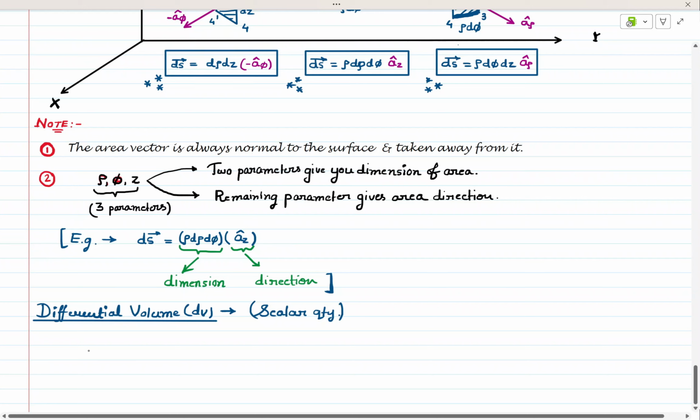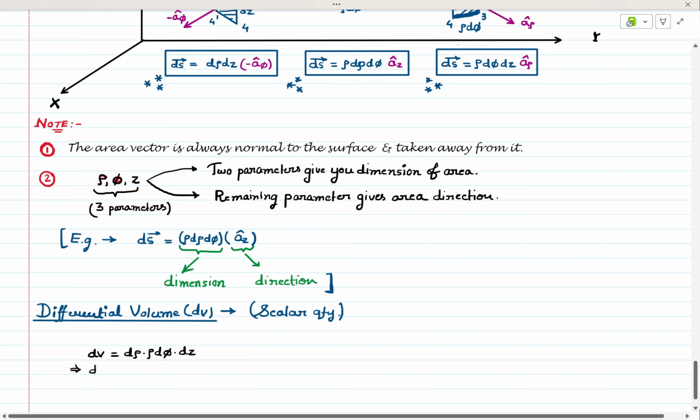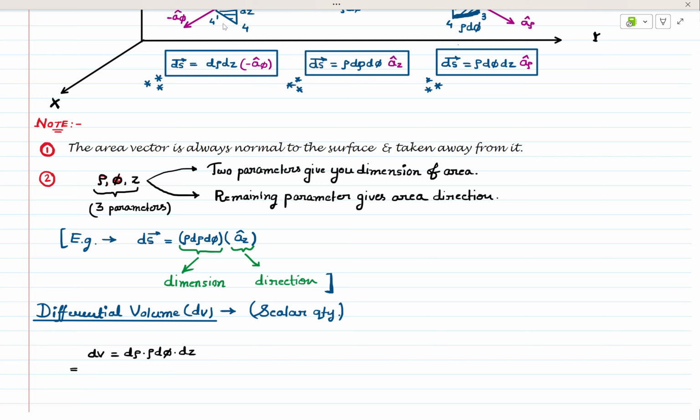So I can write it over here. That is, dV is nothing but d rho, that is the length, times rho d phi, that is the width, times dz. Okay, and from here I can also write it in an organized way.